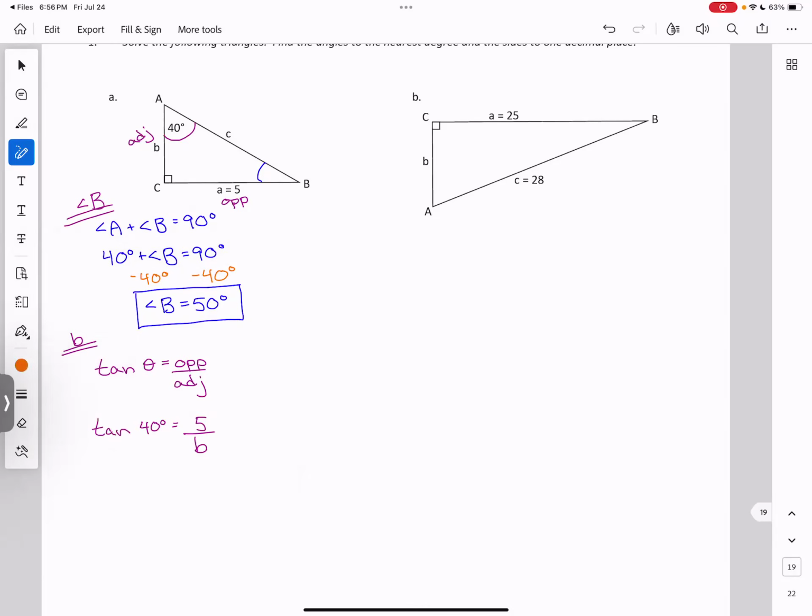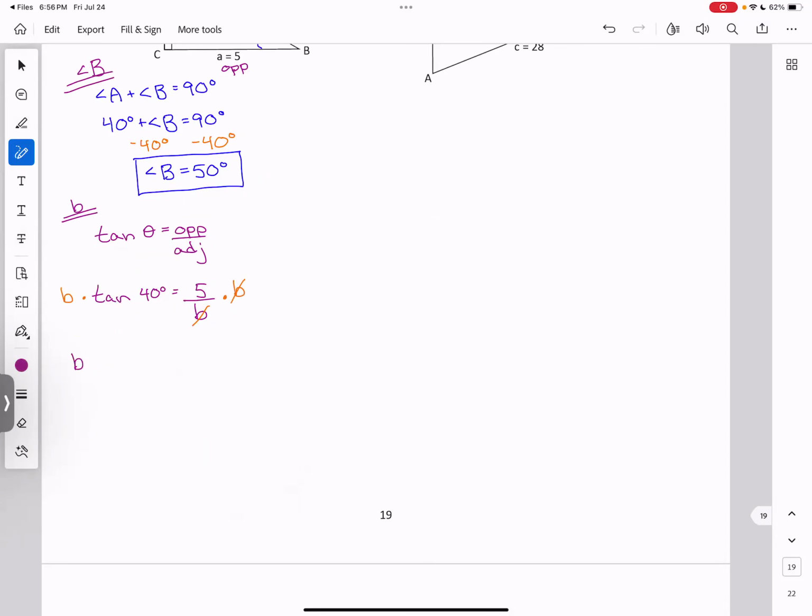Let's multiply both sides by b to get it out of the denominator. And now we have b times tan 40 equals 5. So let's divide both sides by tan 40 to isolate the b. And so that gives us b, it's 5 divided by tan 40.